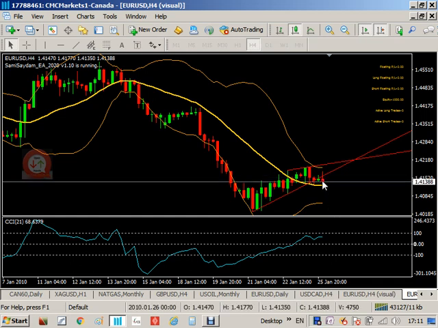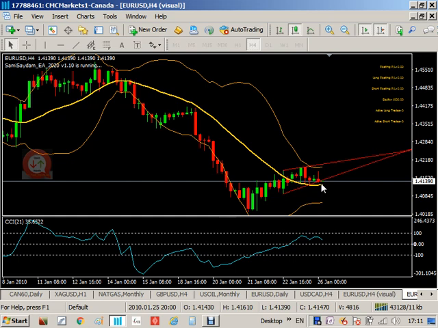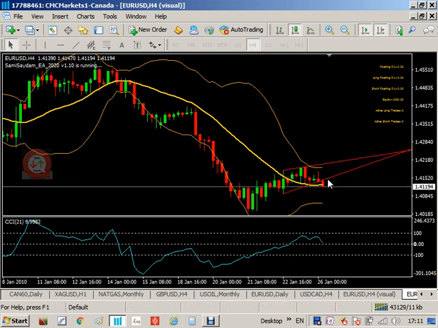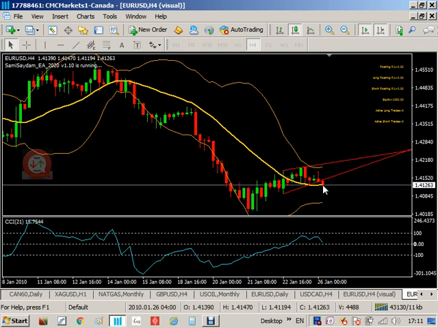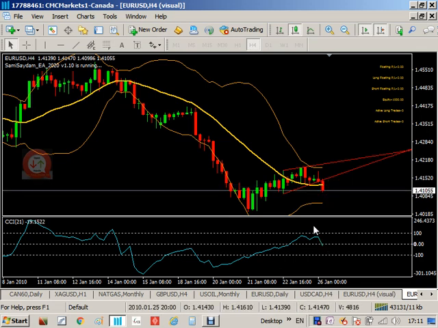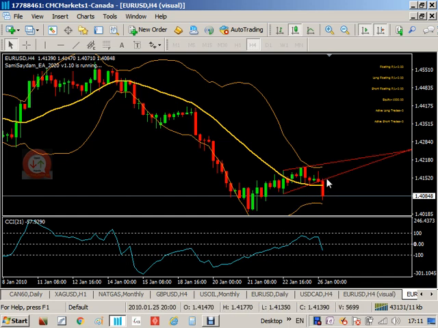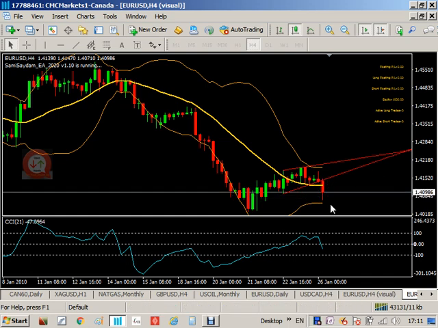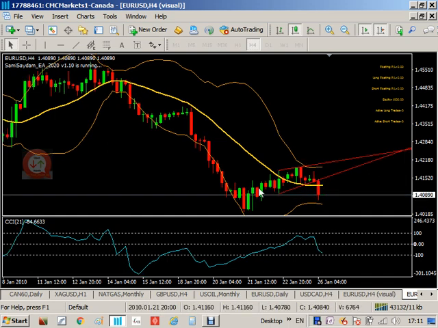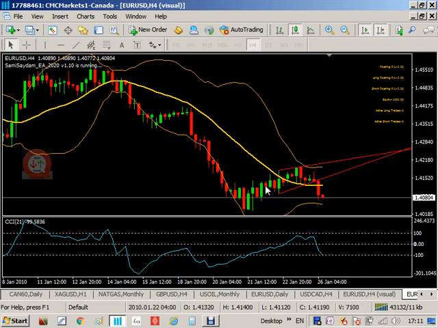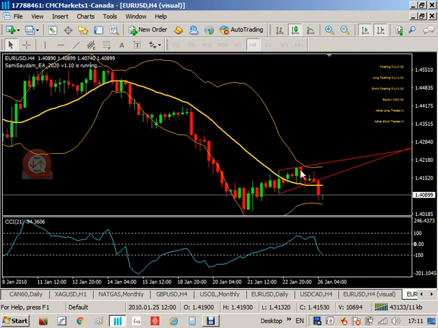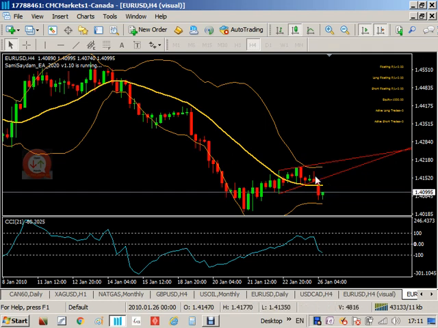We have now confirmed. Yes, we have a confirmed sell signal, as you see, below the line two times. So I get my buy here, I get profit here, and I wait for the short signal and it gives me this area.